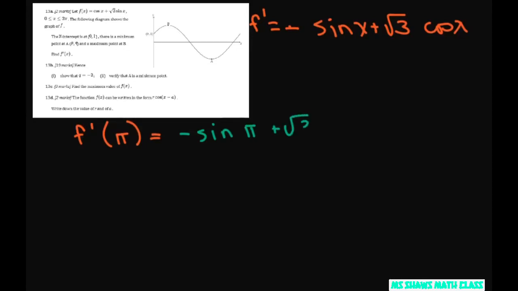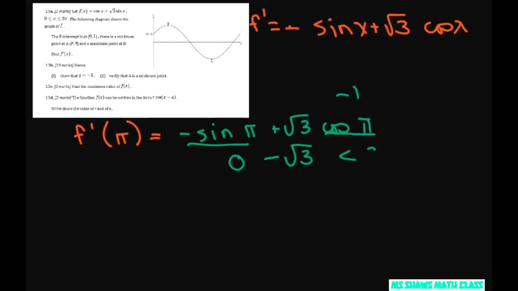Our derivative again was negative sine of x plus square root of 3 cosine of x. All right, so plug that in. That's going to give you 0, minus cosine of pi is -1, so minus square root of 3.